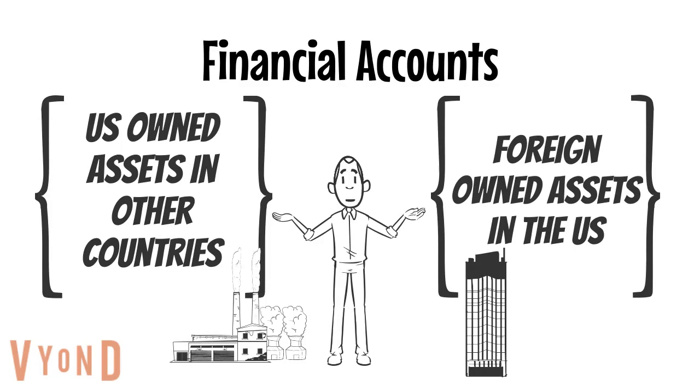When Ford bought Volvo originally, Volvo became a U.S.-owned asset in another country. The change in those, the amount of money that flows back and forth because of those, shows up in the financial accounts.